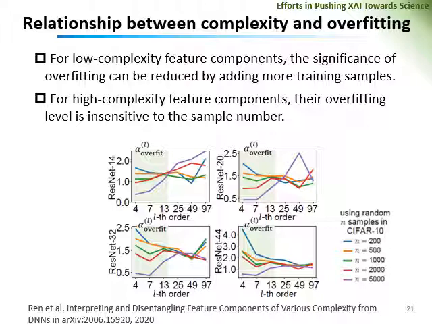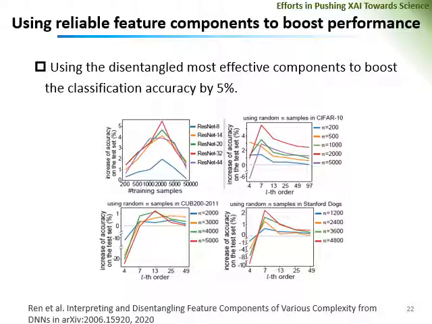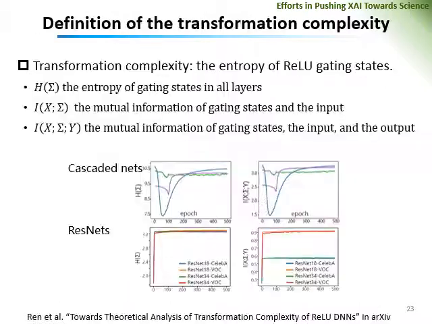But for high-complexity feature components, their overfitting level is insensitive to the sample number. Because feature components of different complexity have different impacts on prediction, we can disentangle the most effective feature component to boost the classification accuracy by 5%.